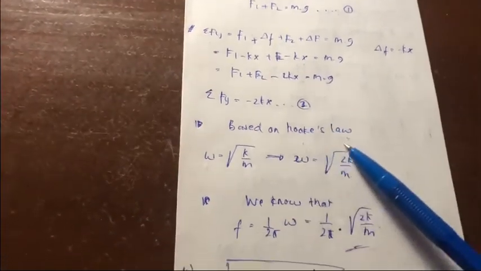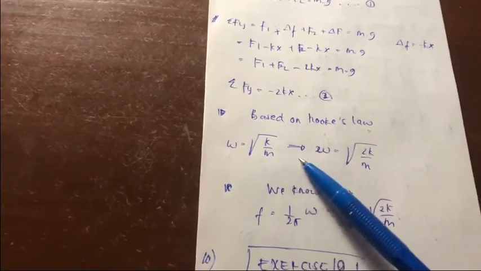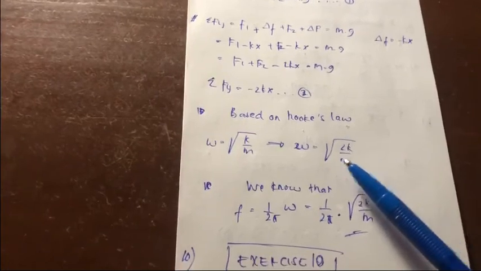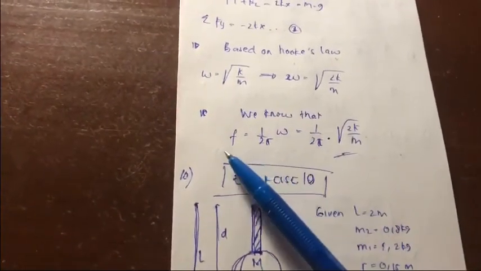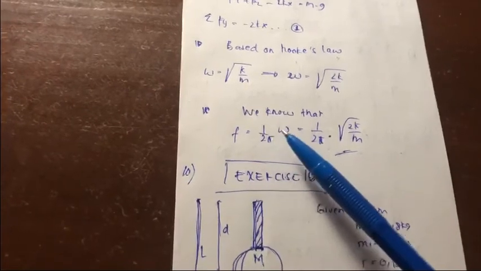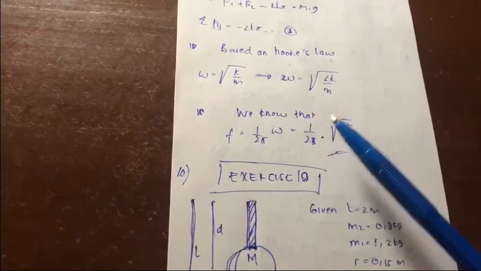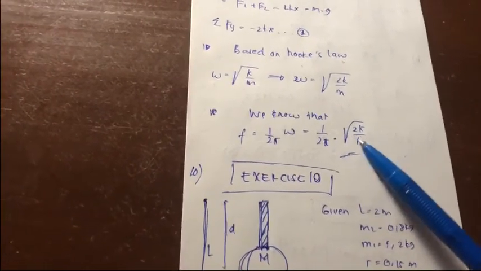Based on Hooke's law, omega is root of k divided by m for one spring, and root of 2k per m here, and we know the frequency is 1 divided by 2π times omega, equal to 1 divided by 2π multiplied by root of 2k divided by m.